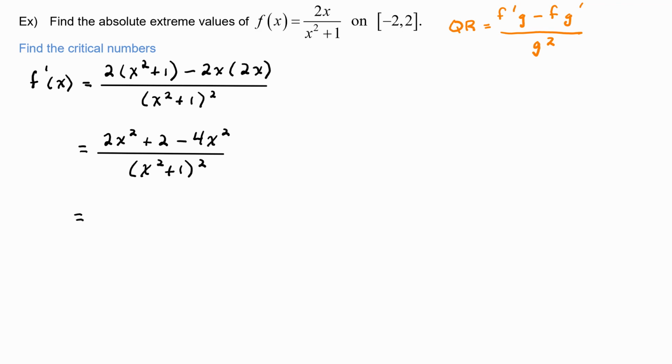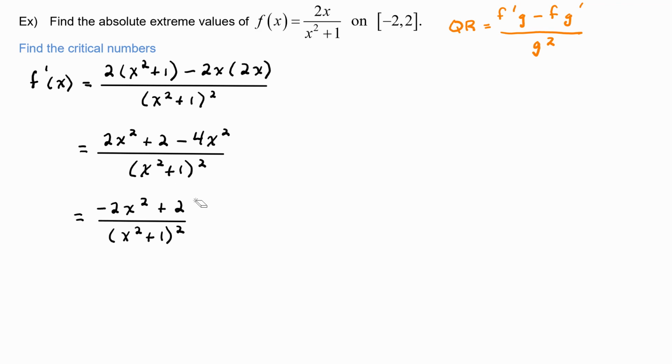Now this is going to equal, let's combine like terms, 2x squared minus 4x squared means we have a negative 2x squared plus 2 over the quantity x squared plus 1 squared in the denominator.